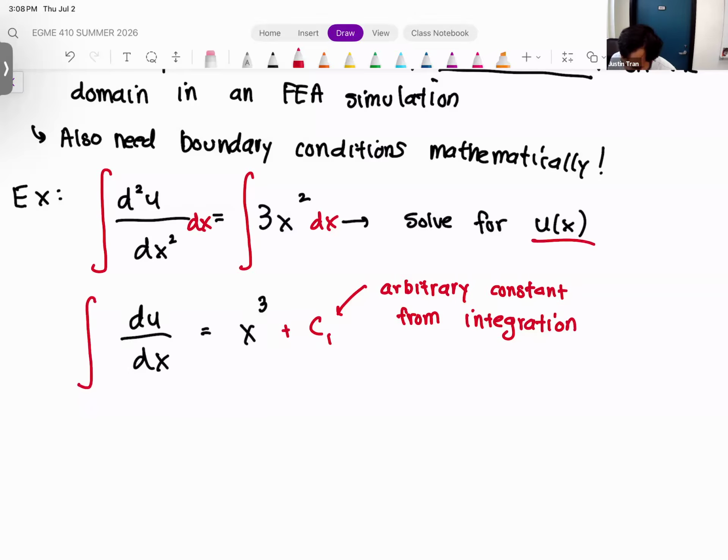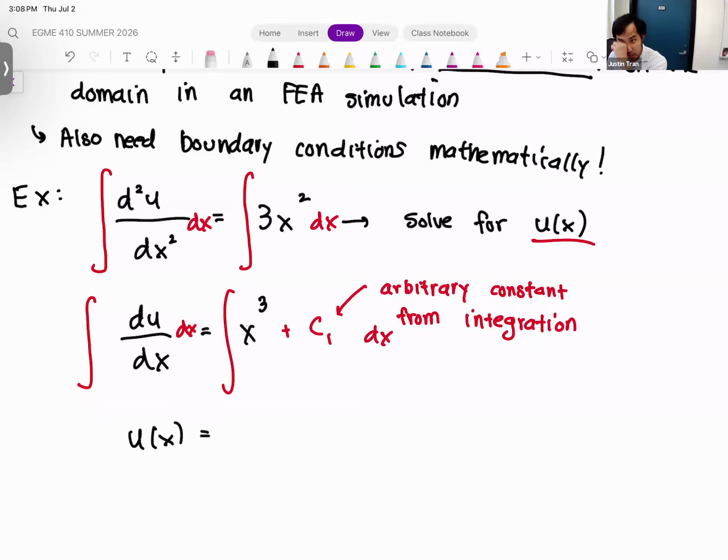Remember, our objective is to solve for u of x, not du dx. So once again, on the left-hand side, our integral is going to cancel out with one of the derivative orders, so we end up with u of x. On the right-hand side, we're going to integrate each of the terms individually.